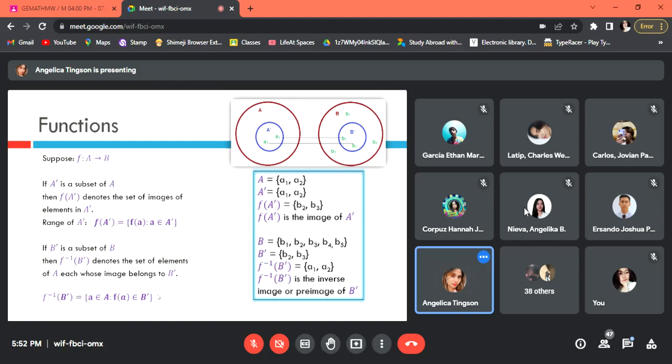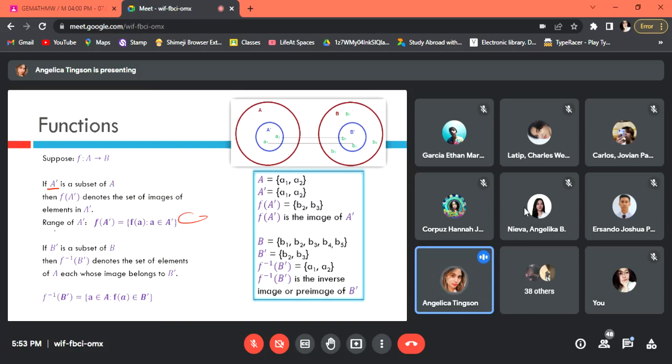Ayan. Suppose f maps A into B. So, we have then, if A complement is a subset of A, then f of A complement denotes the set of all images of elements in A complement.